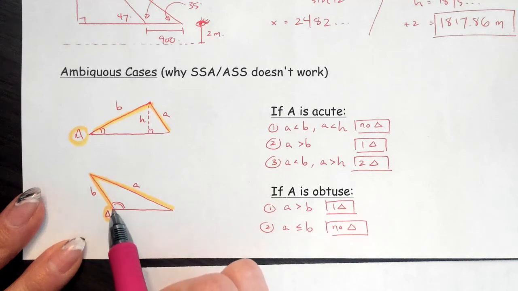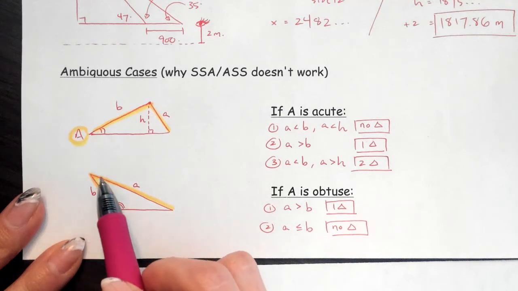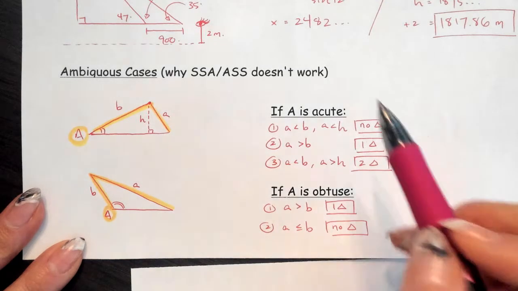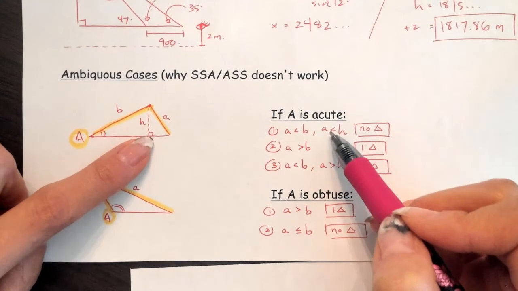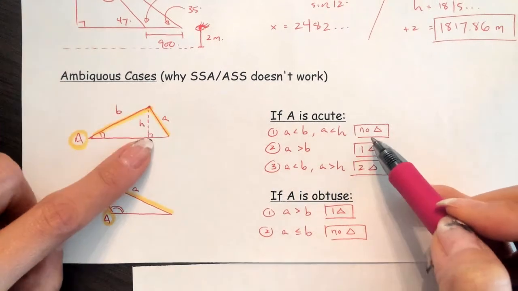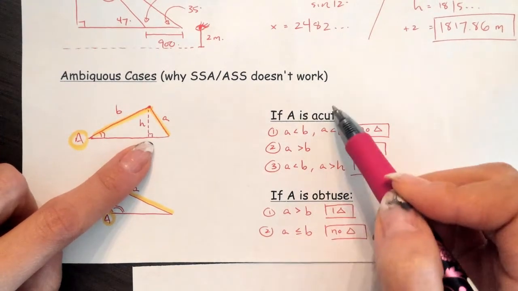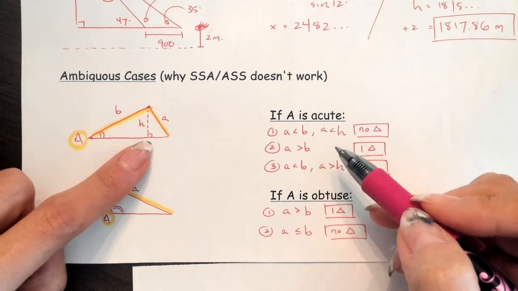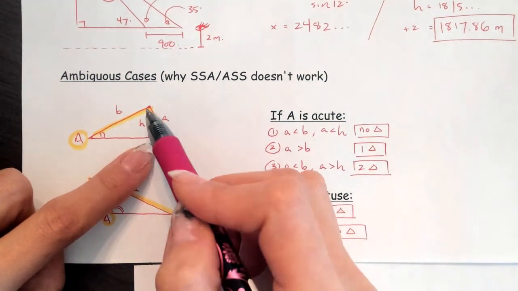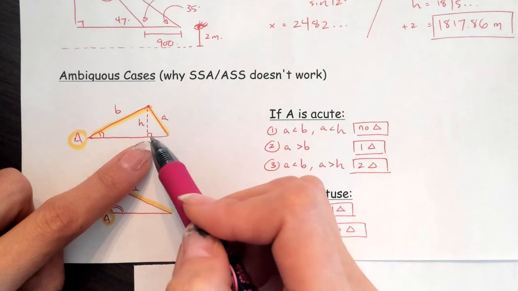So if it's obtuse, then it's like this, and then it goes that way. If A is acute, there's a problem because this does not give us enough information to know about the triangle, okay? I drew a height here, which is the height of the triangle making a right angle.